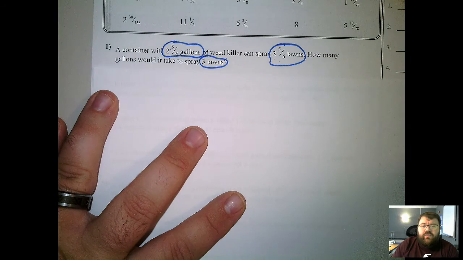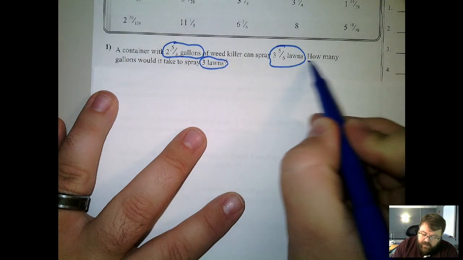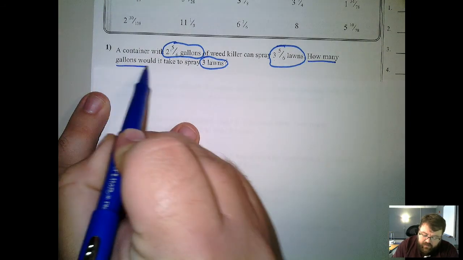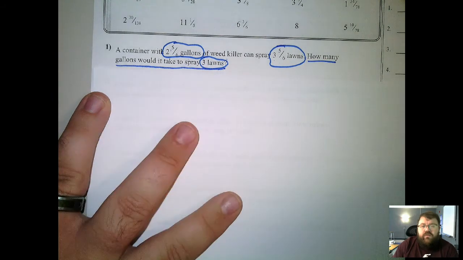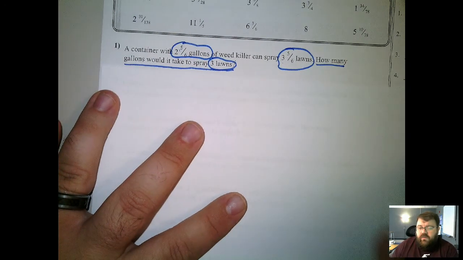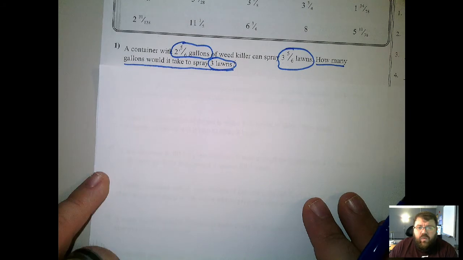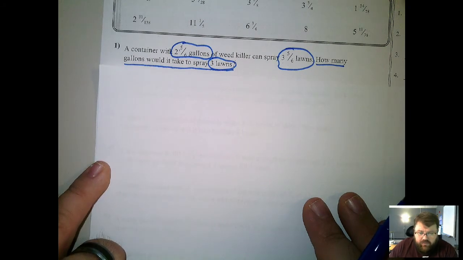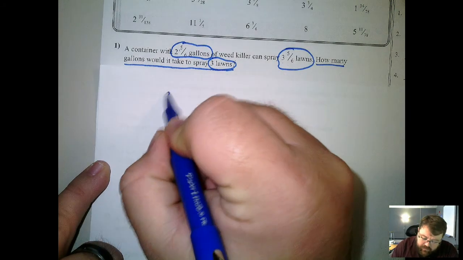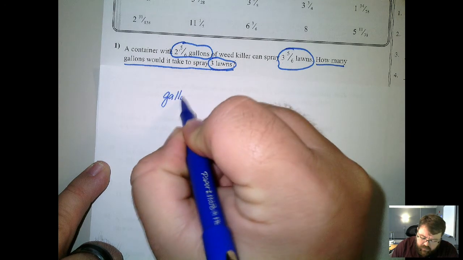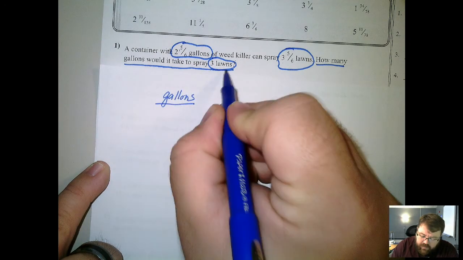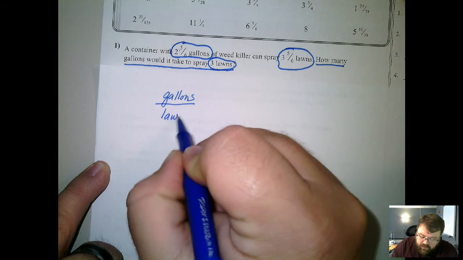Let's underline our question. How many gallons would it take to spray 3 lawns? Now from here, what you need to do is identify what 2 things you are talking about. So you're talking about gallons, and you're talking about lawns.